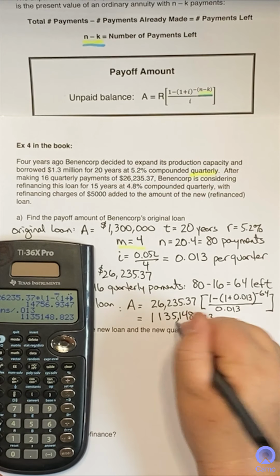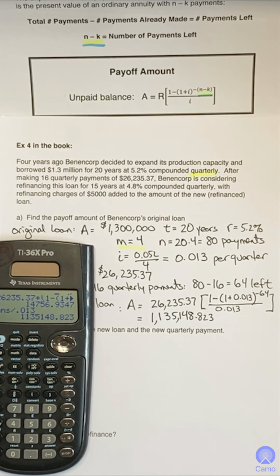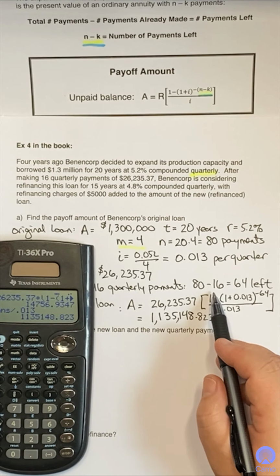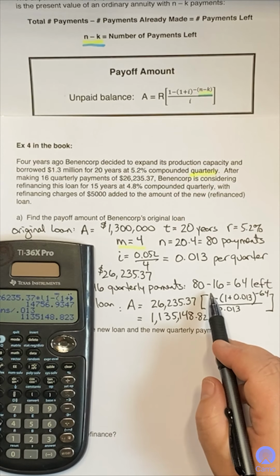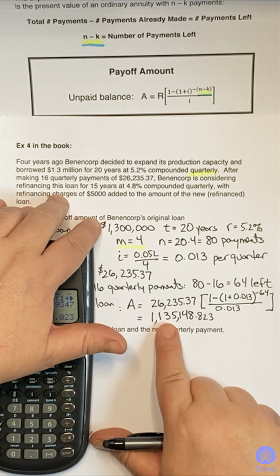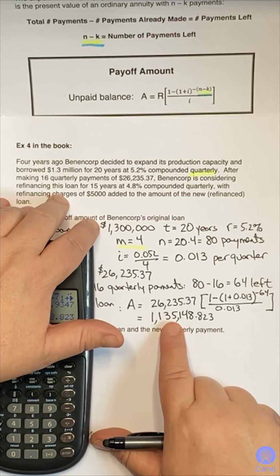1135148.823. Put in some commas, and we're like, oh man, we've made 16 of the payments, right? So in other words, we've paid off for 4 years and barely made a dent in the present value of the loan.